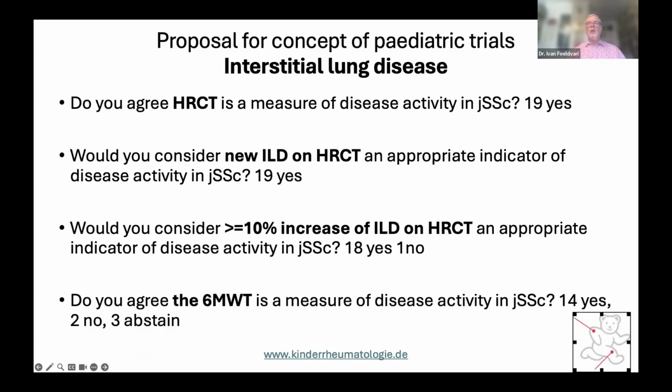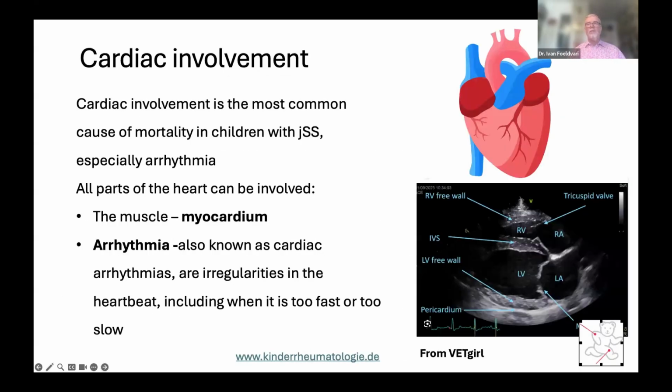And if you have a new lesion, I think progression in the high resolution CT, if you have over a 10% increase in the surface, meaning how much of the lung is involved, that is a clear increase. And there was not 100% agreement, but the 6-minute walk test is a non-invasive test assessing the cardiopulmonary function of a child, and that is actually a quite interesting activity measure too.